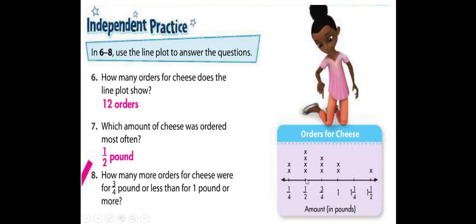So this 9 is more than 1 pound or more here. Here we have 2 or more. So all of them here are 3. So these orders are 9 and these orders are 3. How many more orders here, 9 than 3? That's 6 orders.